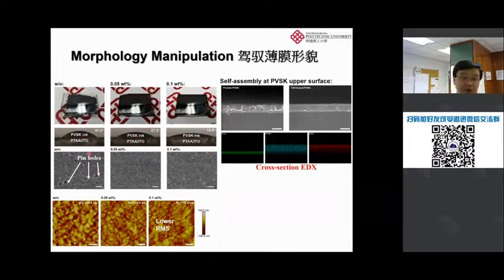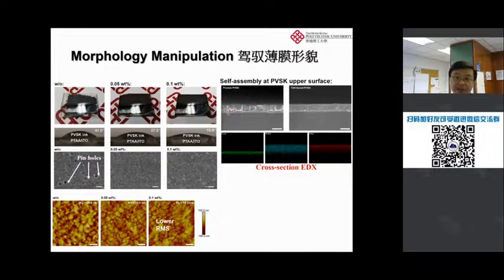Okay, so we use the so-called inverted structure, where at the bottom we start using a polymer, PTAA. And that one is not good for coating if you do not do anything. This shows when I just use perovskite solution coated on it, the quality is not good. In the SEM, you see pinholes there.